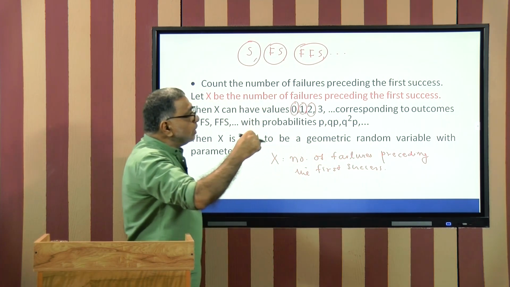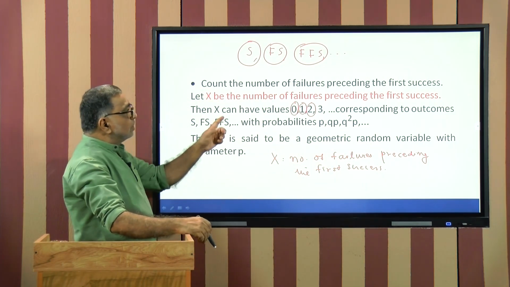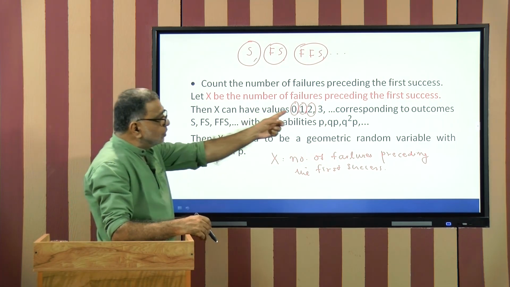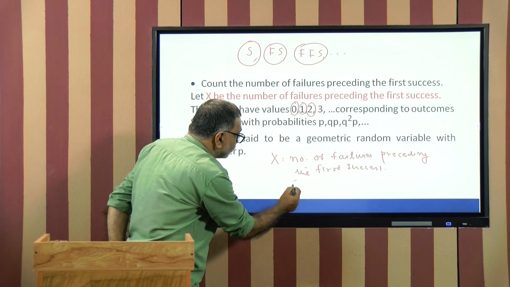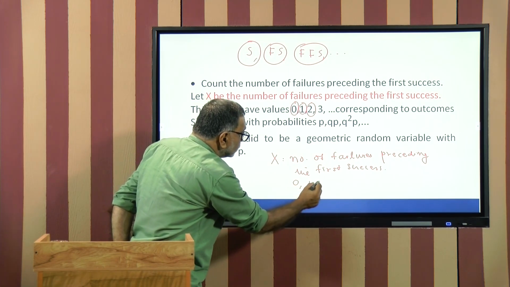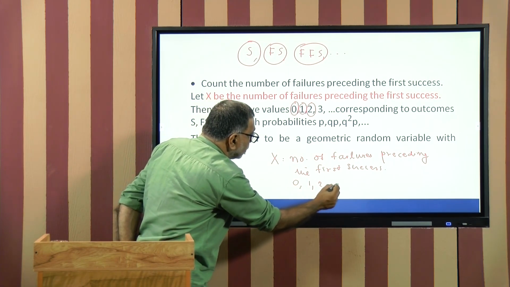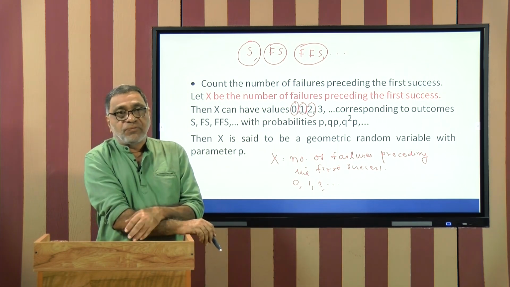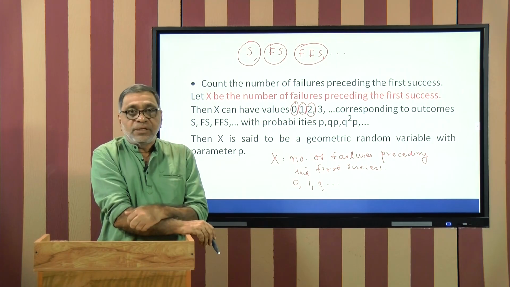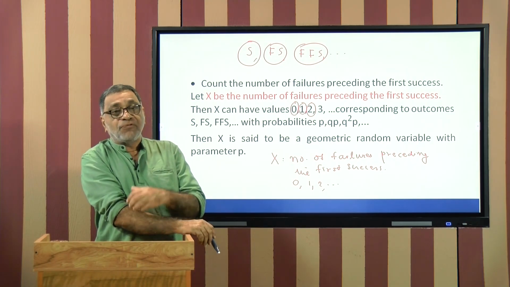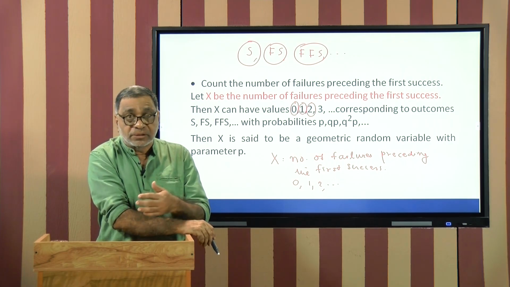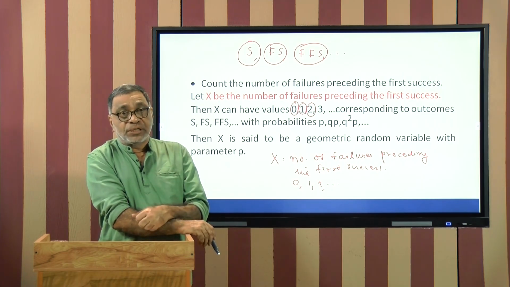We are defining X as the number of failures preceding the first success, and you can note the values of the random variable are 0, 1, 2, 3, etc. So, let us define the random variable X as the number of failures preceding the first success if we are performing a Bernoulli sequence of trials until a success is obtained.